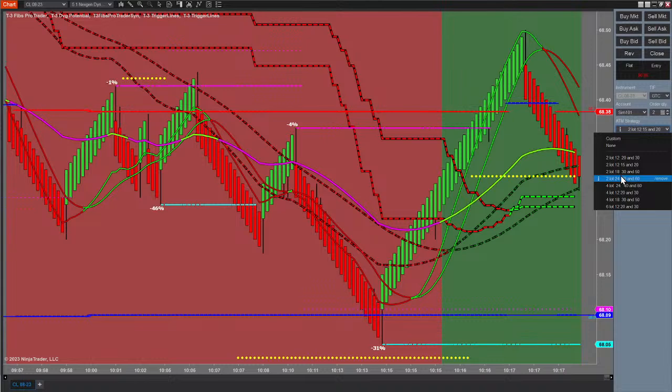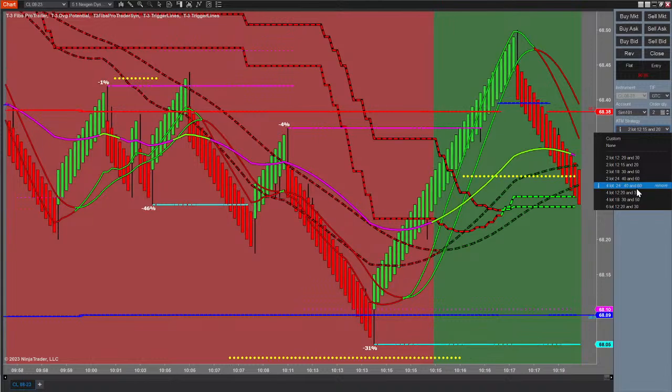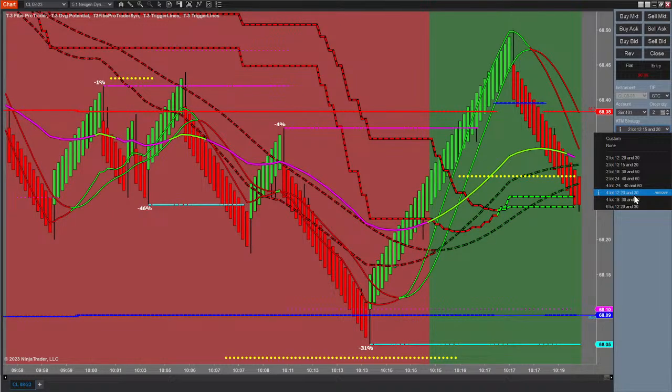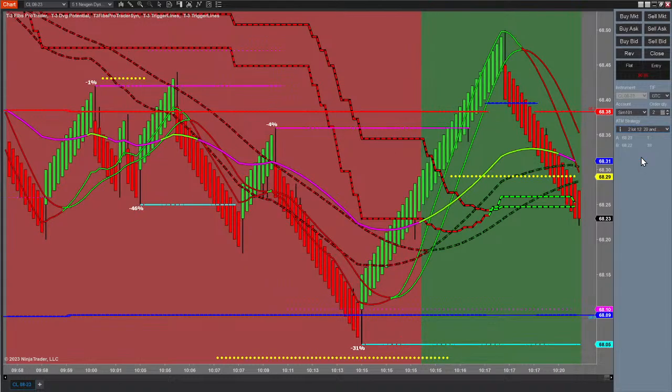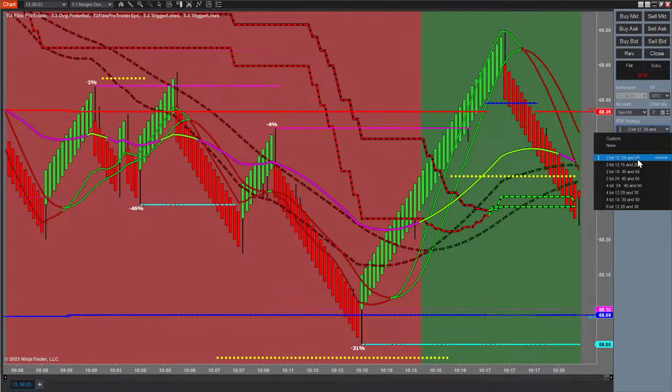Maybe you're trading NASDAQ or something. 40 and 60 ticks, 12, 20 and 30 ticks. So there's all these different options, right? So depending on the market that you're trading, if I'm trading crude oil, a 2 lot, 12 ticks, and it's going for 20 and 30.